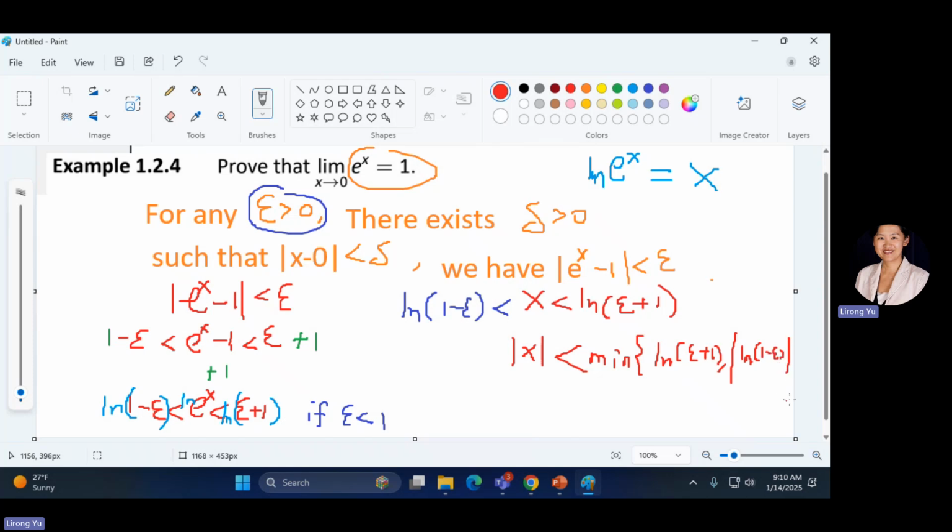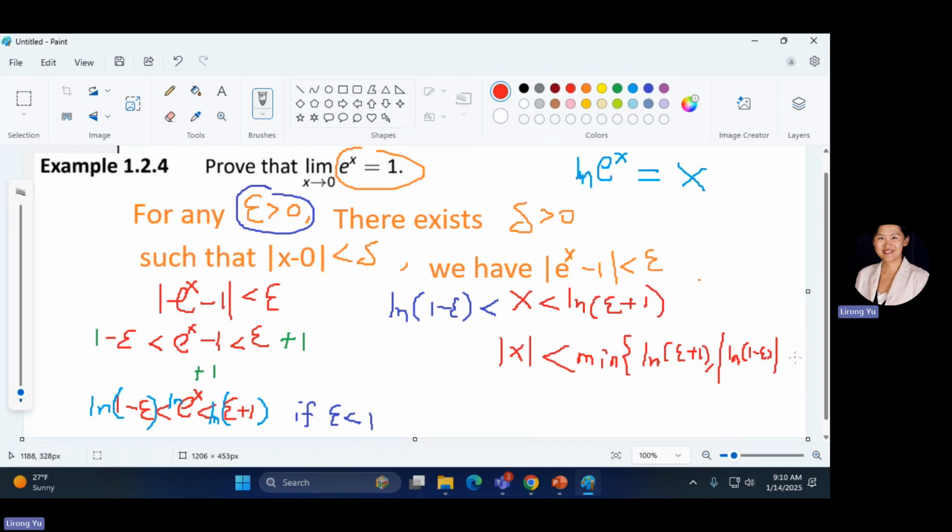Sometimes that logarithm can be negative, so we're trying to prevent that. The natural log of epsilon plus 1: logarithm of 1 is 0, so the logarithm of a number bigger than 1 is guaranteed to be positive. The upper boundary of the absolute value of x is supposed to be positive, but the natural log of 1 minus epsilon is guaranteed to be negative.